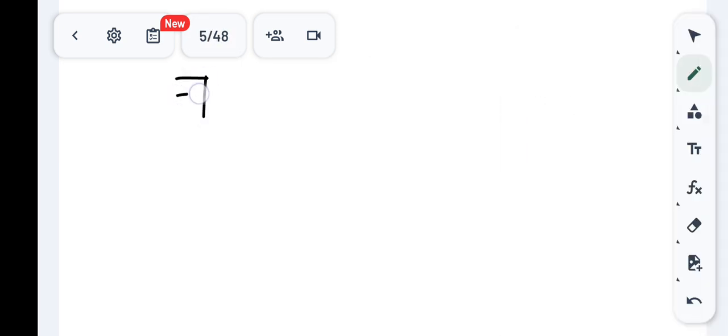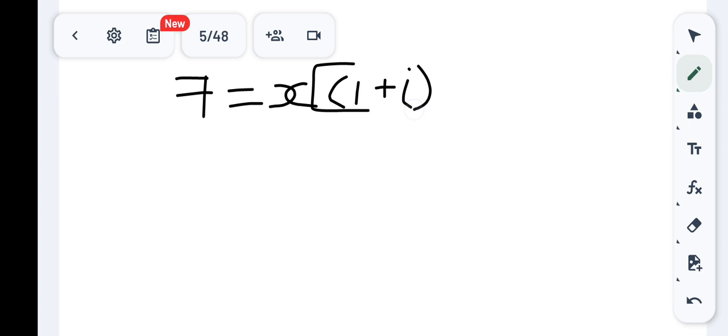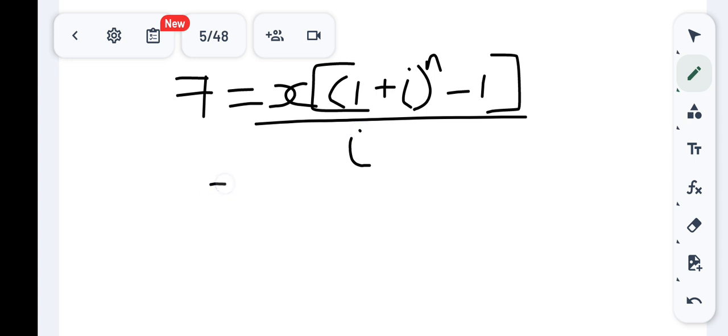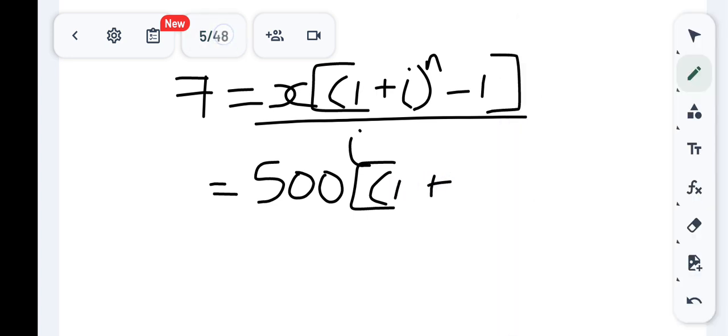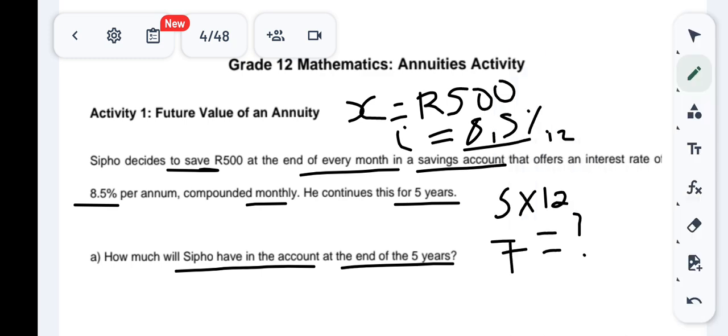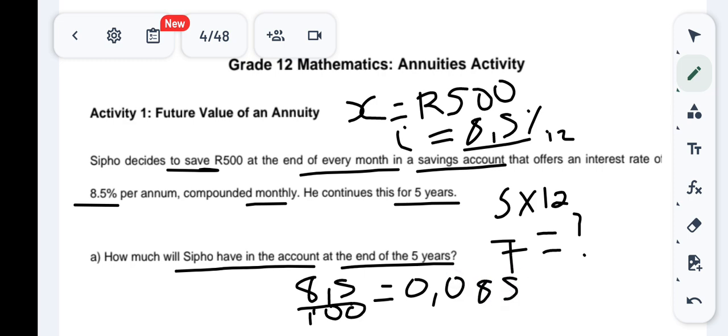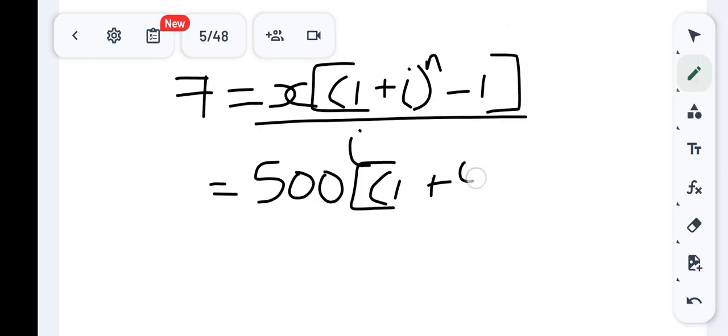So let's write the formula down. This is F equals X into (1 plus I) to exponent n, minus 1, all over I. So X is 500, and then 1 plus interest rate 8.5%, so it's 8.5 divided by 100, which is going to give us 0.085.